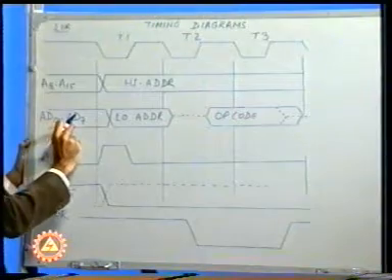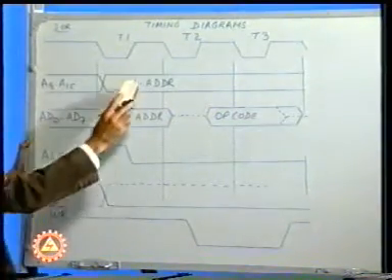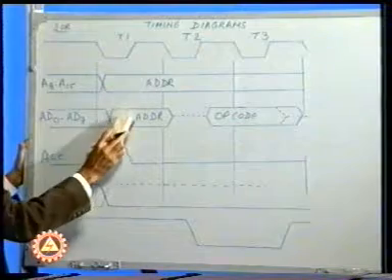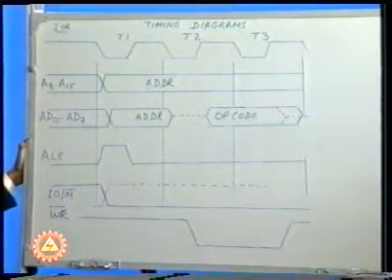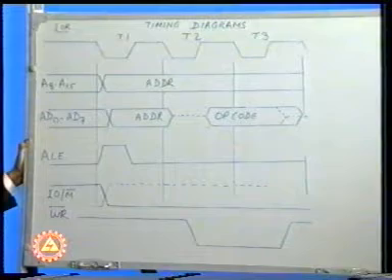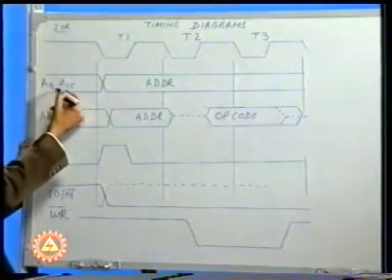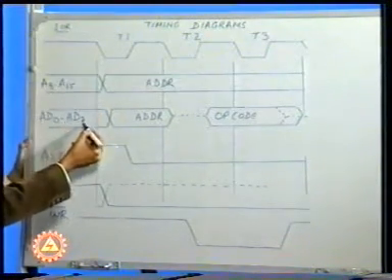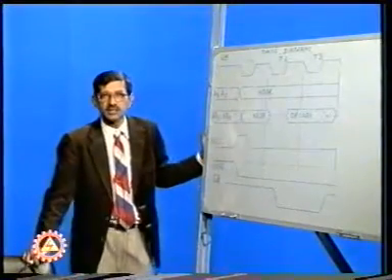AD0 to AD7, which we had earlier defined as low address, would be replaced by the address only. We'll have only the address, for the simple reason that in case of IO read and IO write, we have an 8-bit address available, and the same is duplicated on A8 to A15 as well as AD0 to AD7. So both of these buses will have the same address available.